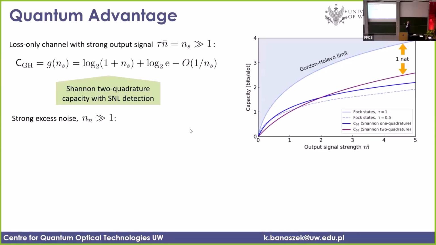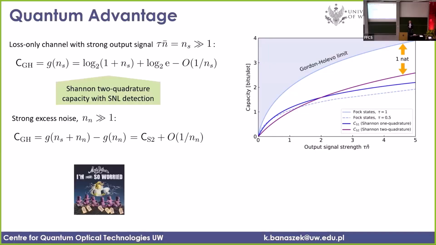So basically, this is the best we can get for a loss-only channel without excess noise for a strong signal. This is what we can fight for. On the other hand, if we have strong excess noise, we can use the same expression as before, expand both terms using this approximate formula, and actually for strong excess noise, the Gordon-Holevo capacity limit reduces to 2 quadrature Shannon capacity.